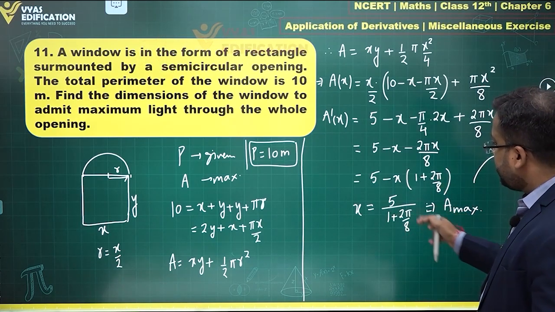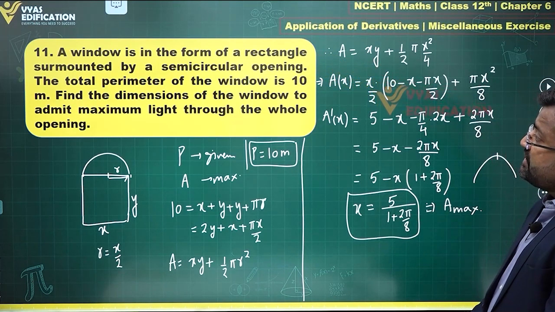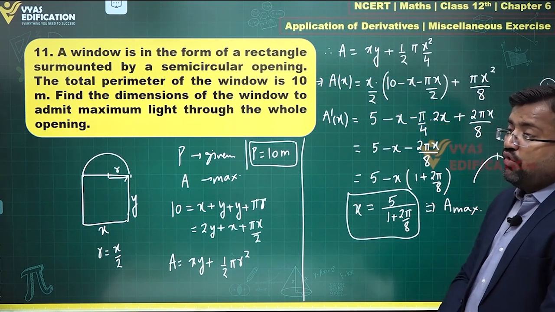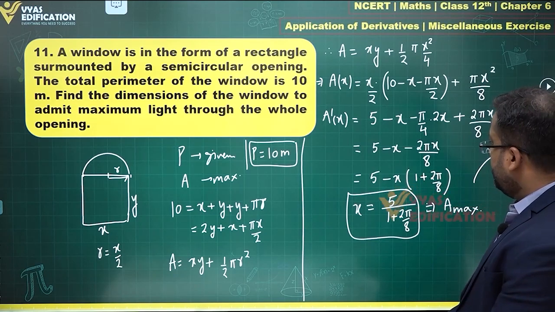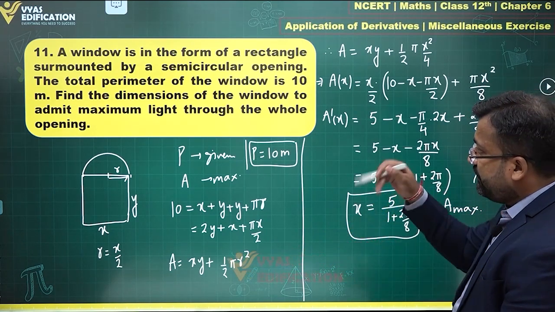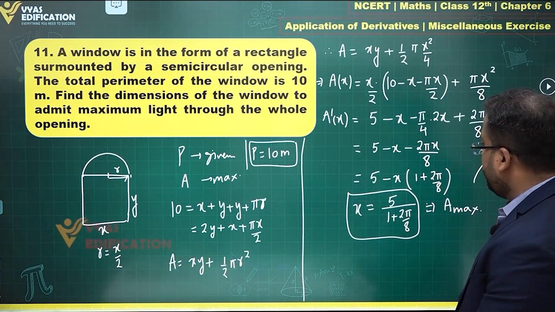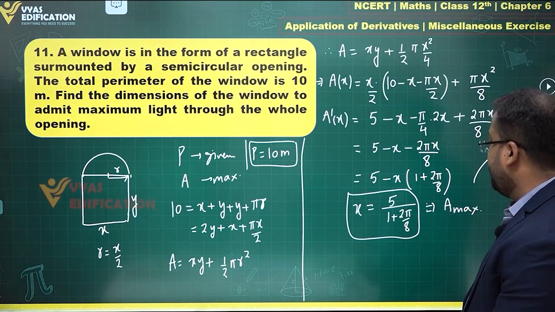So the area is maximum for x equals this. The dimensions of the window imply that you need the width of the rectangular part and the height of that rectangular part, and corresponding to it you will have a semicircle. So x is obtained, very nice.